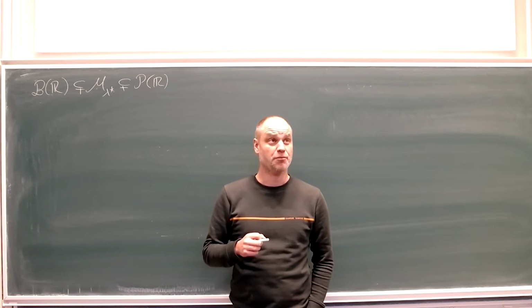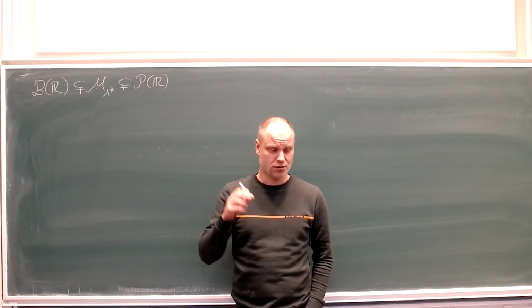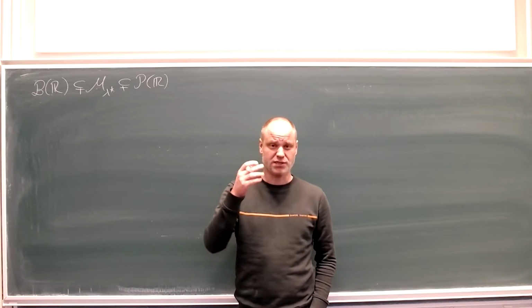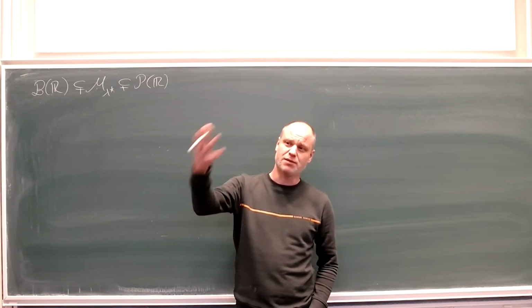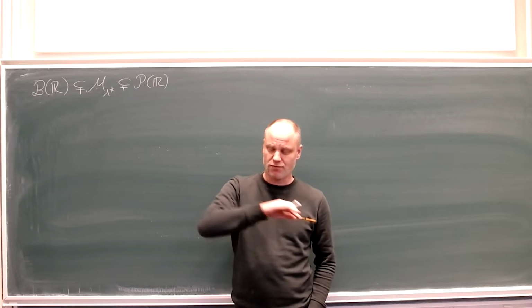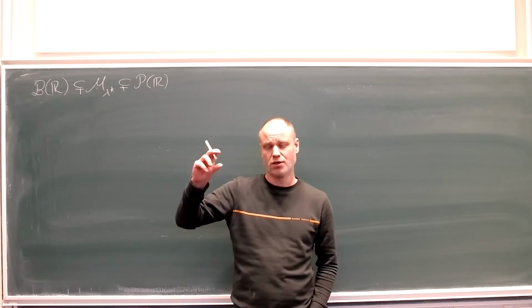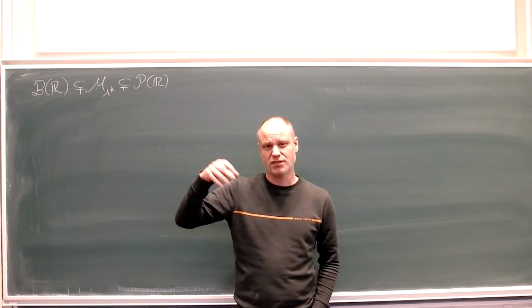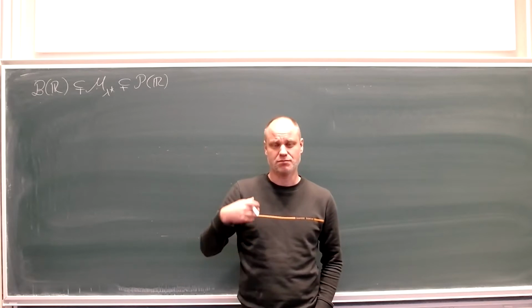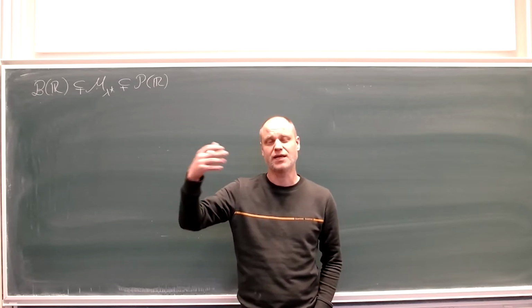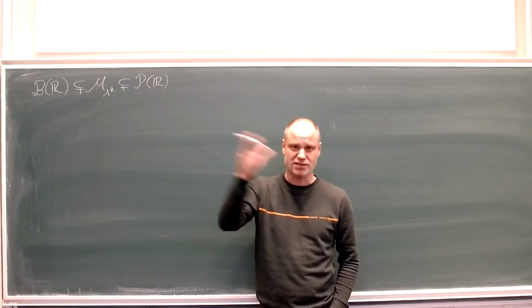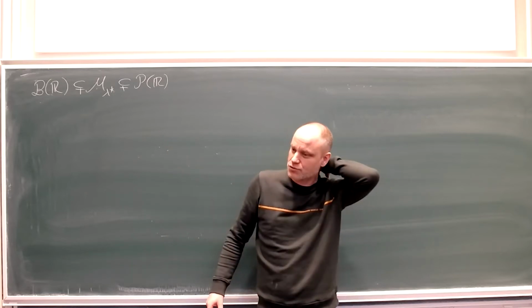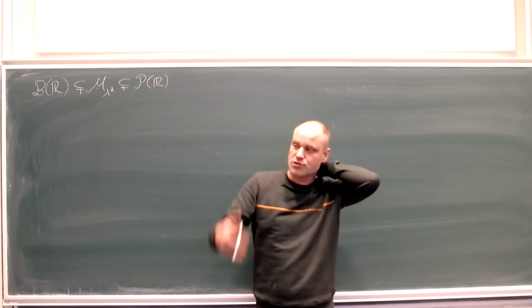That's annoying. One of the ingredients was that if you take pre-images and images of the Borel sigma algebra under continuous functions or increasing or decreasing functions, they send sets through without leaving the Borel sigma algebra. So the Borel sigma algebra is like invariant for those functions.